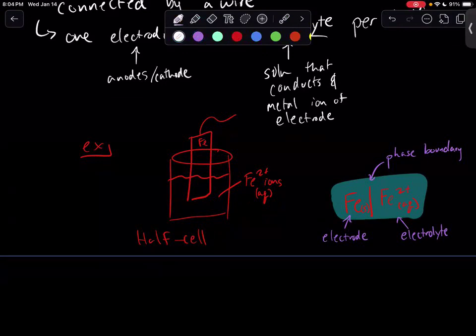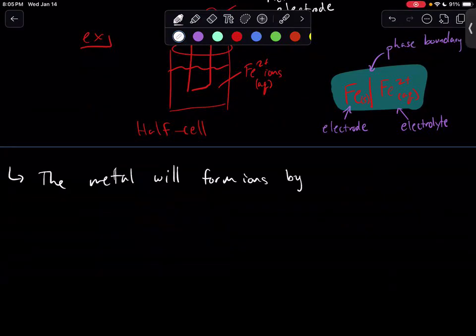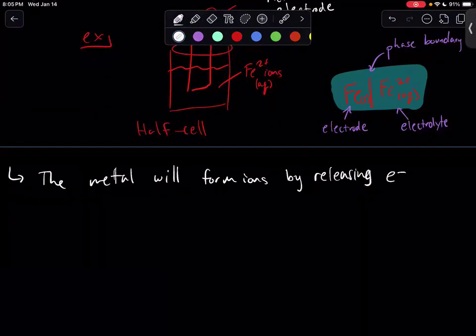So in our half cell, what is actually happening? Well, the metal will form ions by releasing electrons, and those electrons would travel through the wire.